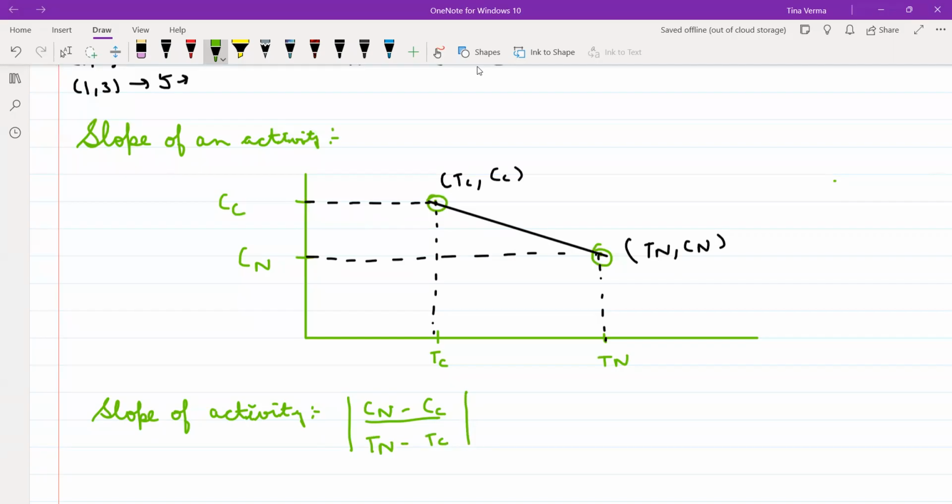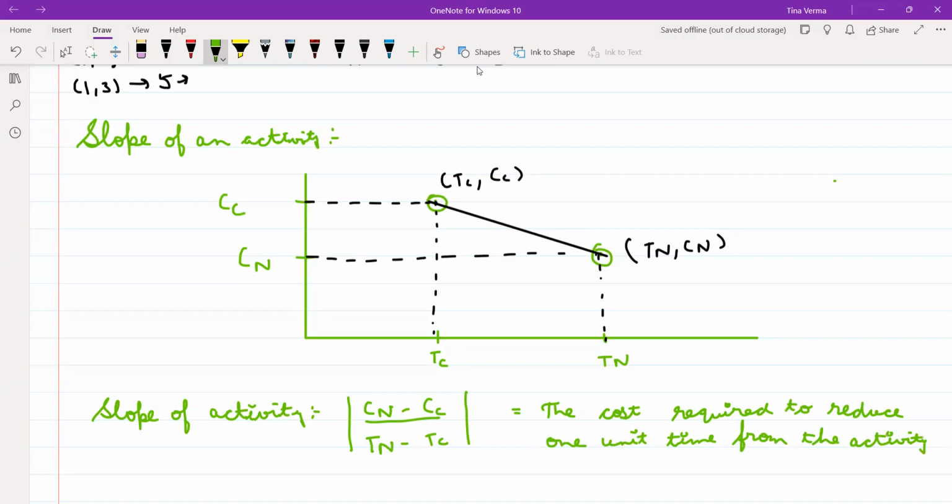That means this is the cost affecting your project, right? This is equal to the cost required to reduce 1 unit of time from the activity.